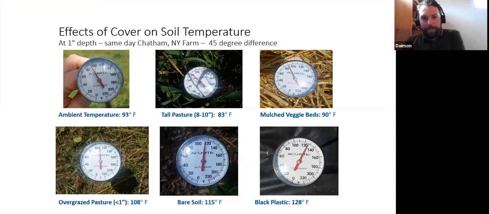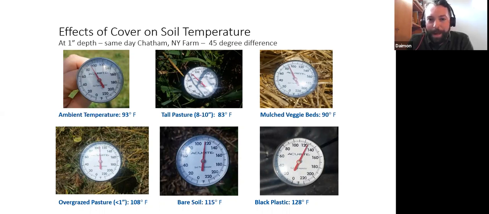So this deviates a little bit from the roots, but this is a really, really nice comparison that someone with NRCS did out in New York. On a really hot day, ambient temperature was 93 degrees, she looked at the soil temperature at 1 inch depth in a variety of different soil covers.